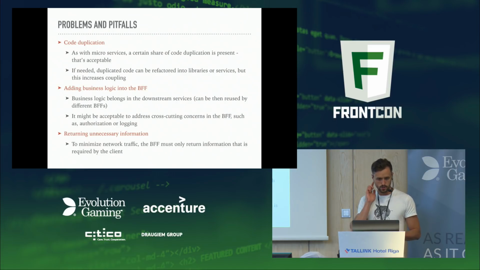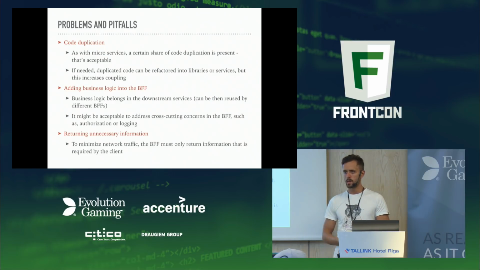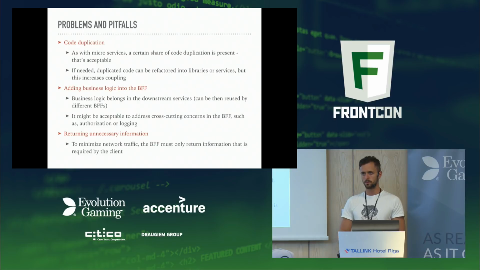In general, when you're talking about separate microservices here, a certain degree of code duplication is acceptable. This gives you the ability to control your own code and to change it without having to look out for other consumers of that code. So in the case of the integration code, it's probably okay to have a duplicate across the BFFs.